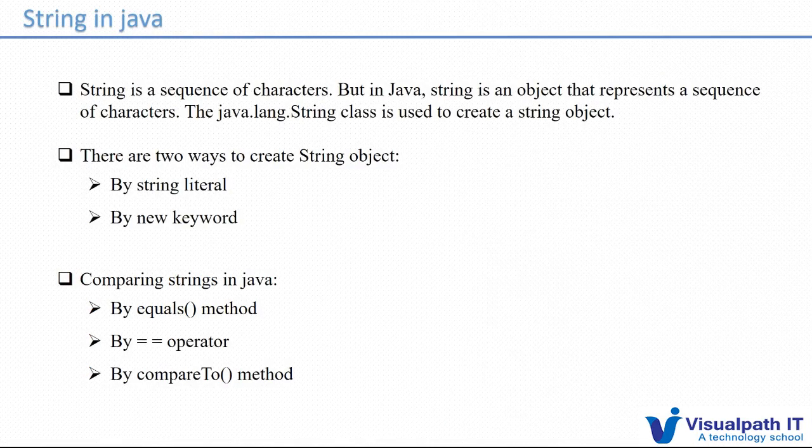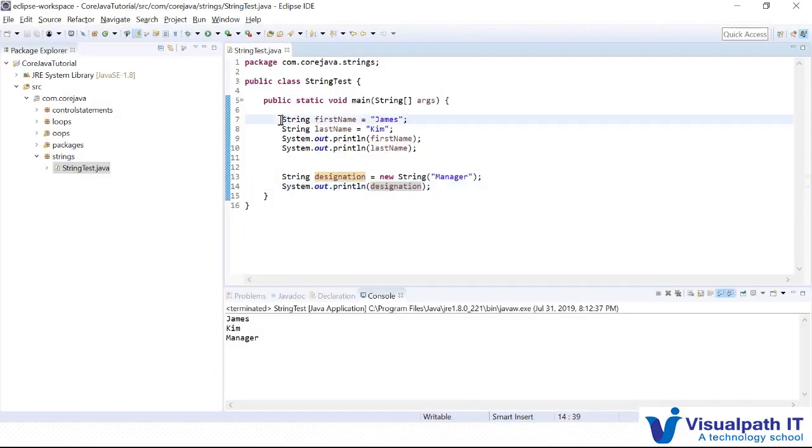There are three different ways we can compare strings as listed here: the equals method, double equal to, and the compareTo method. The right way to do this is the equals method, and I'll tell you why the other two are not preferred to compare strings, and we'll see how it differs if you use other operators than the equals method. We'll see it practically now.